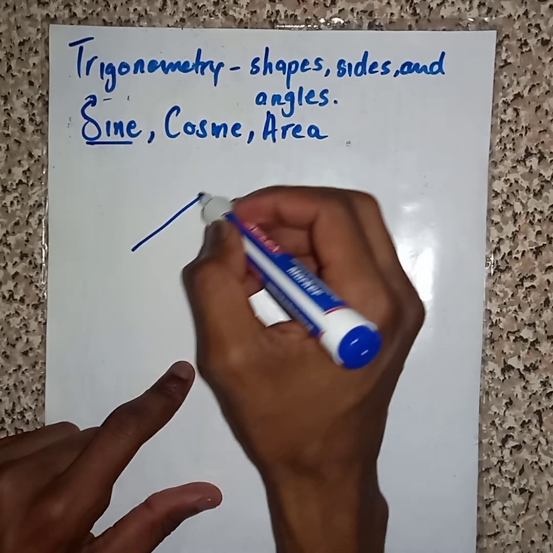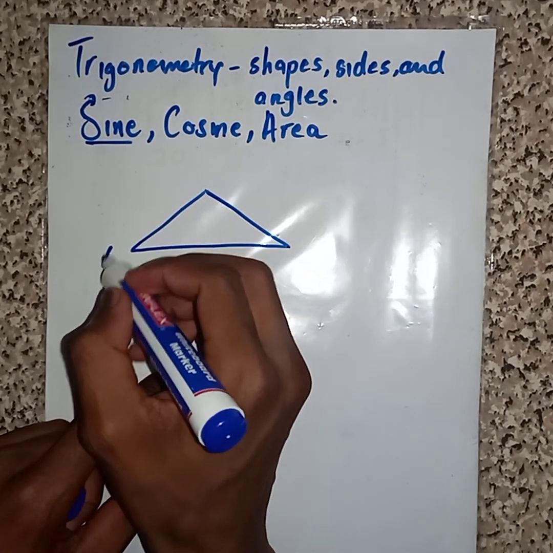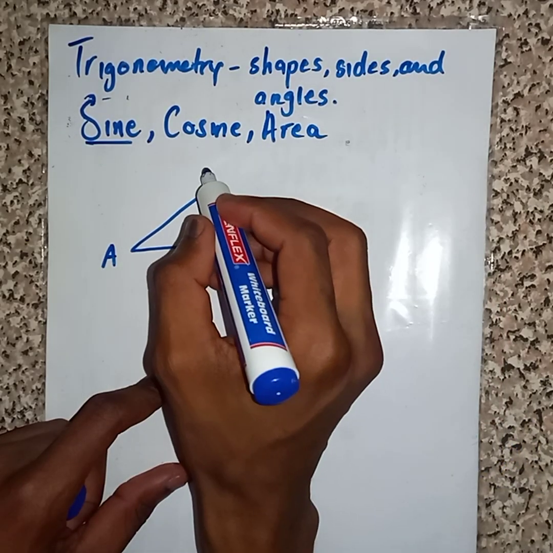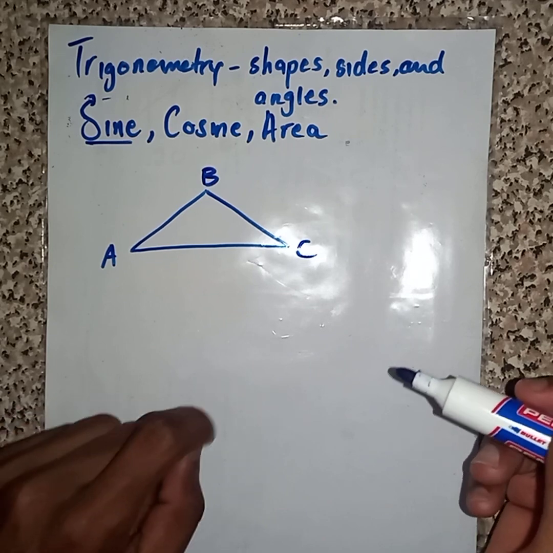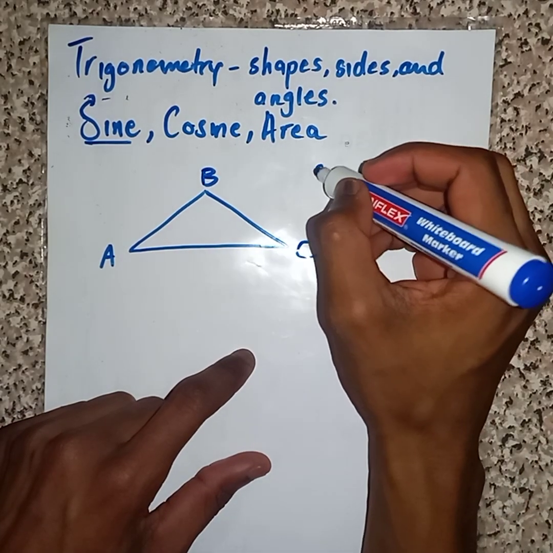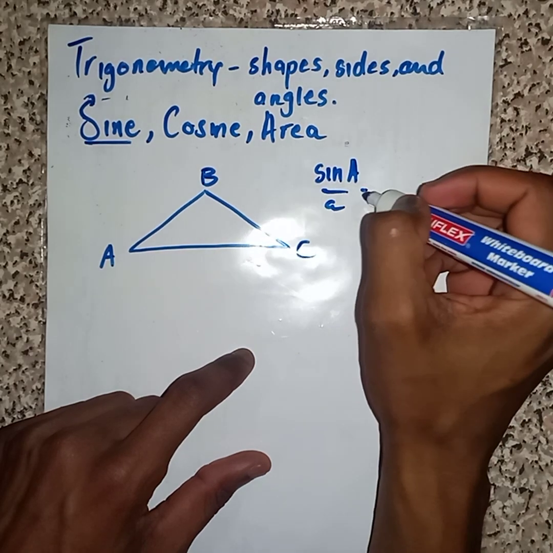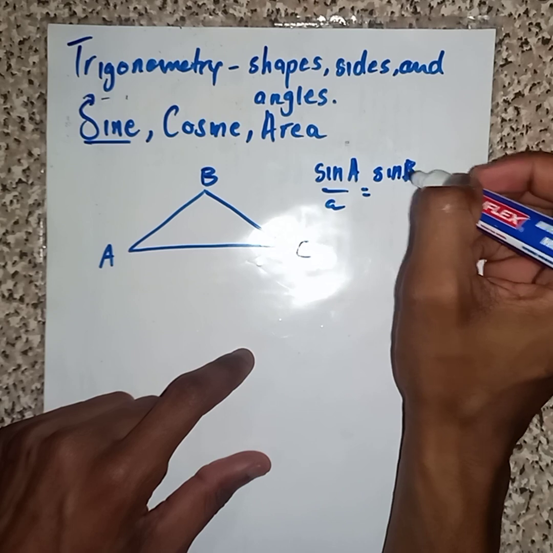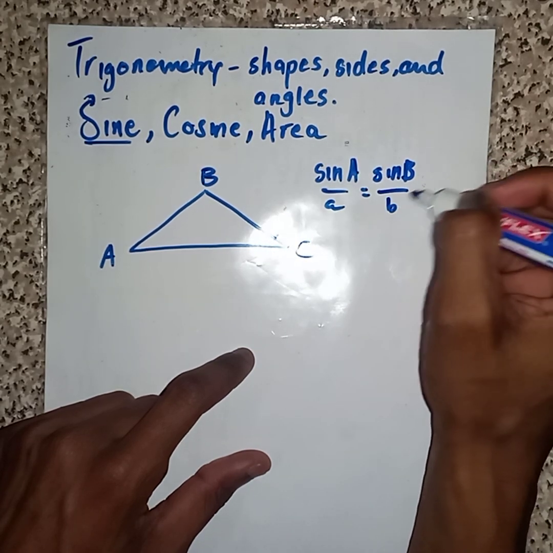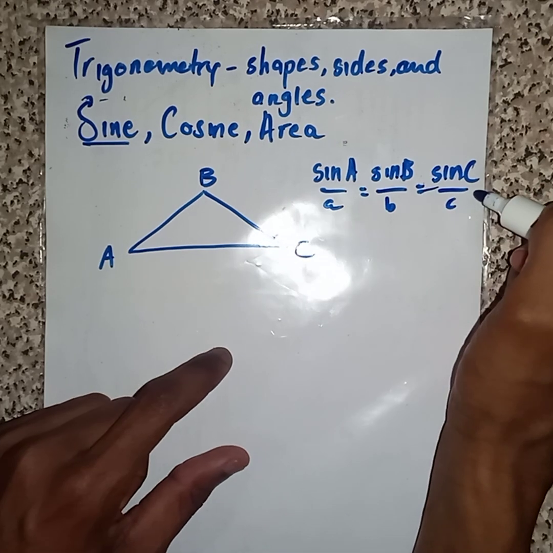Suppose I have a triangle like this, and I have angle A, B, C. We need to prove that sine A over small a is equal to sine B over small b, equal to sine C over small c.